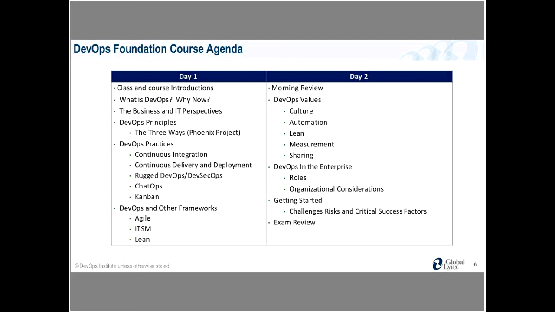Then on the third day, we're going to talk about the first two of the DevOps values, culture and automation. We'll spend about half the time on each of them. They're major sections. One of the challenges that IT people have in implementing DevOps is that the culture of the organization is a critical element to that. And you may find that you need to make major changes in the culture of the organization in order to be effective with DevOps.